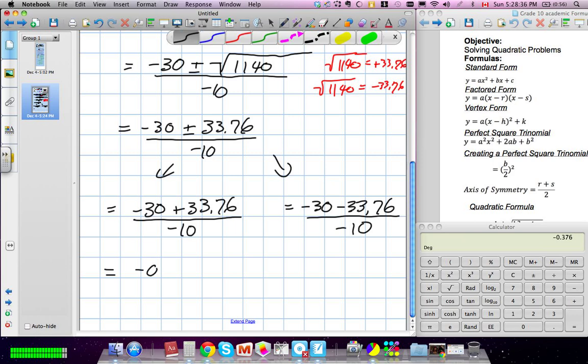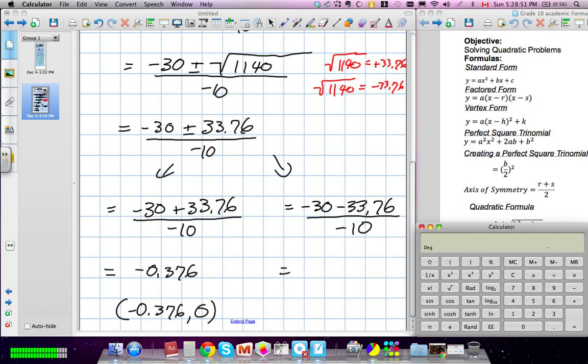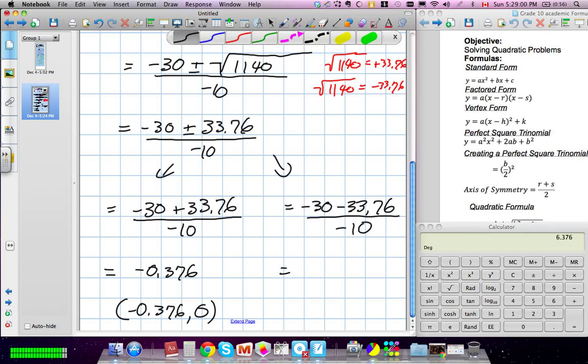Negative 0.376. So that's a coordinate. Negative 0.376 and 0. Our other option is negative 30 minus 33.76 divided by negative 10, positive 6.376.